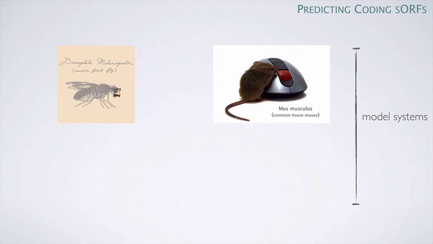Again, we're a bioinformatics group. So the first thing we try to do is, since we have the complete genome, we try to find locations in the genome where coding small open reading frames could reside. We use 2 different model organisms, so fruit fly and the mouse.